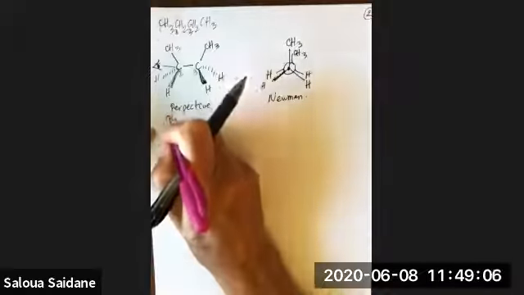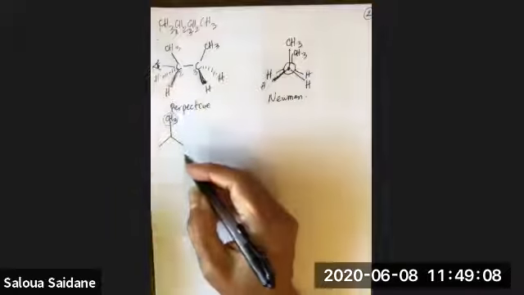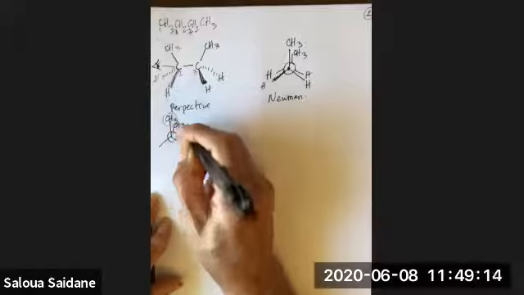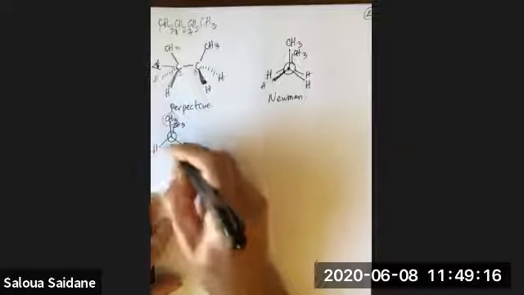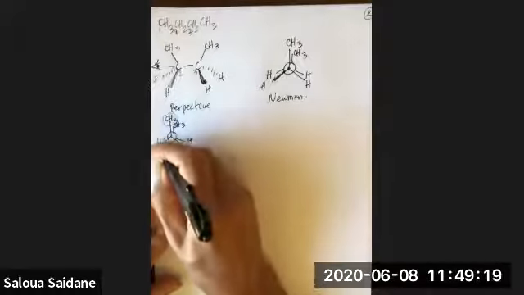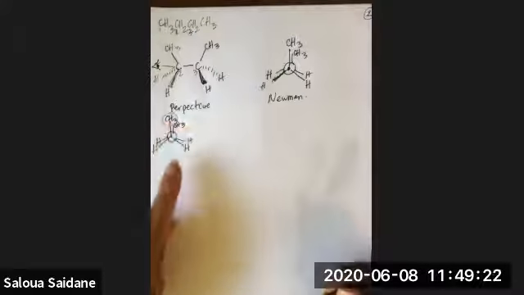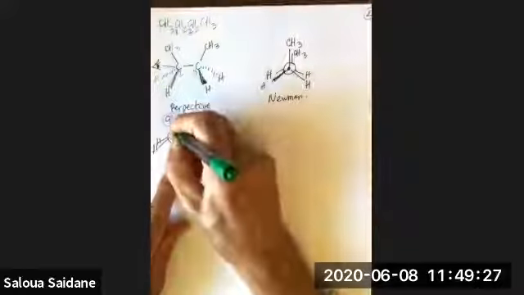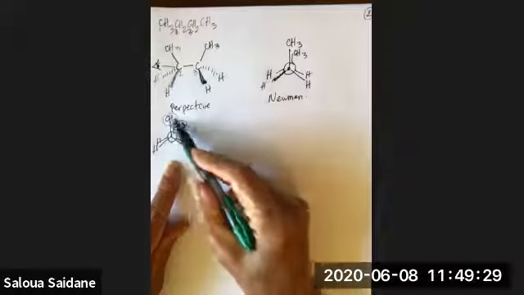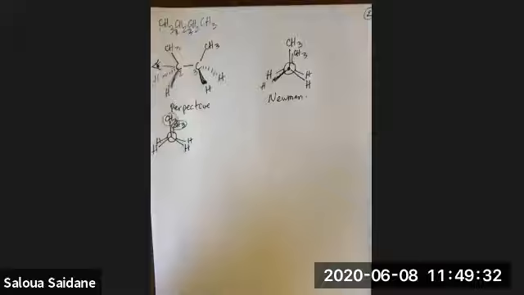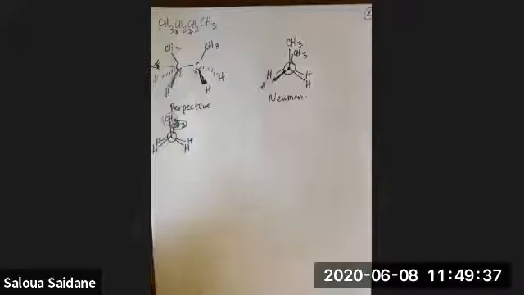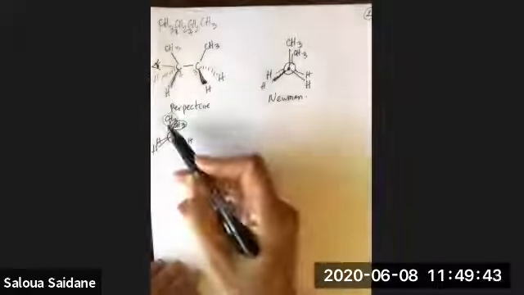Behind that front CH3, there's another CH3, and then I have H, H, H, H. So this is definitely an eclipse, and you can see that this CH3 is right behind this one. They're almost touching because they're right behind each other. It's too crowded there. In organic chemistry, when something is too crowded, we call it steric hindrance. It's hindered, like these two are pushing each other.